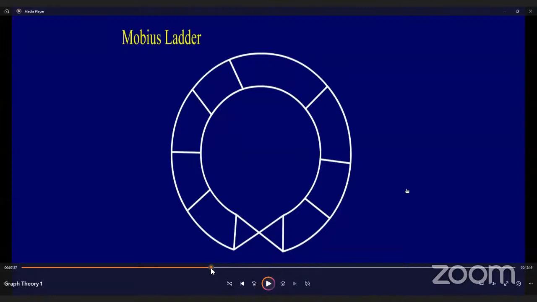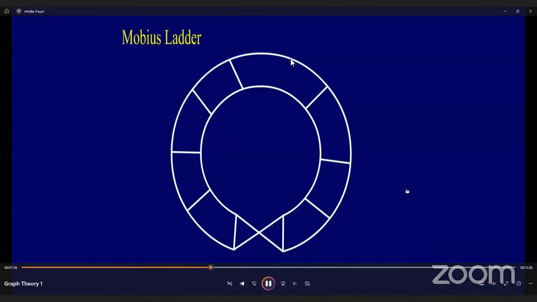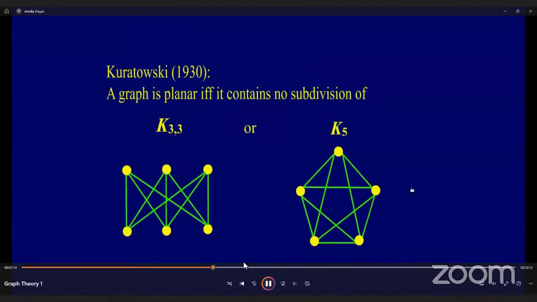Now look at this one. If we delete that particular edge there, then the number of crossings does not decrease.